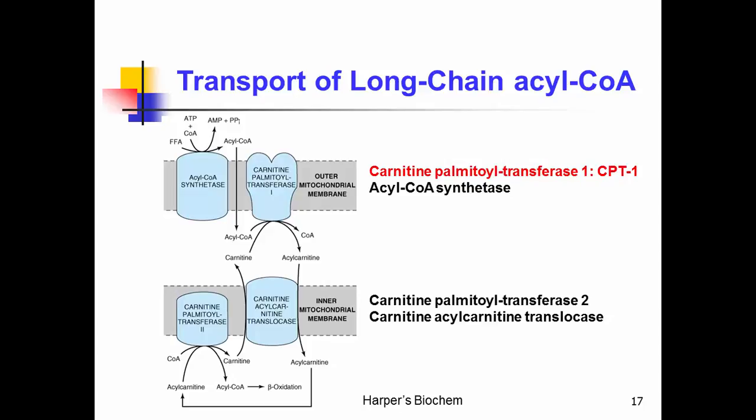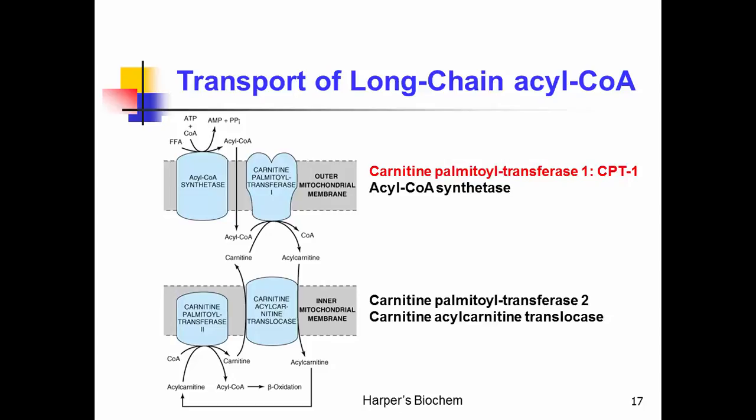There are actually 4 different enzymes localized in the inner or outer mitochondrial membrane, and all these 4 enzymes work together to transport fatty acyl-CoA from the cytosol into the mitochondria. Here I just want you to remember one key enzyme, highlighted in red, the carnitine palmitoyl transferase 1, CPT1, all right?